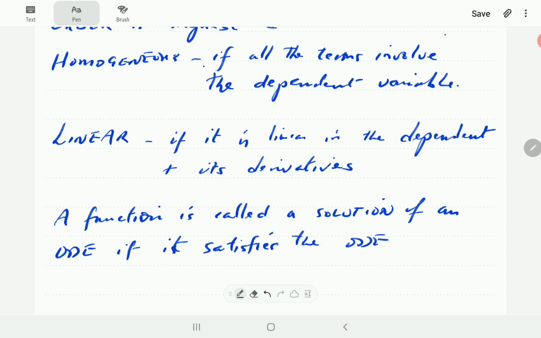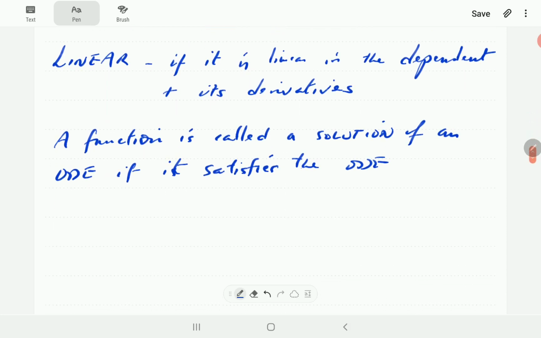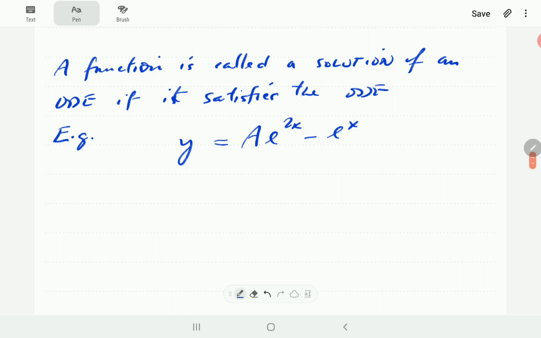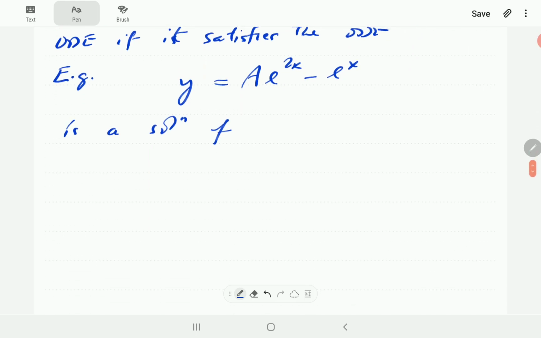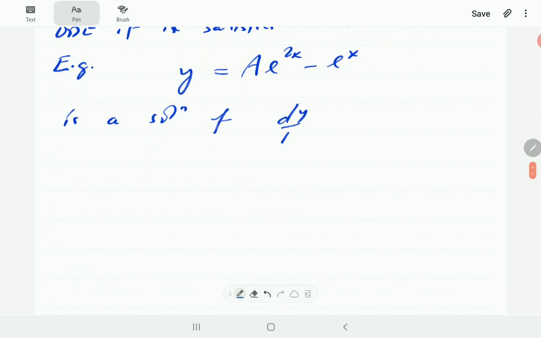As an example, y equal to a e to the power 2x minus e to the power x, where a is an arbitrary constant, is a solution of the first ODE that we have above, which is dy/dx minus 2y equals e to the x.